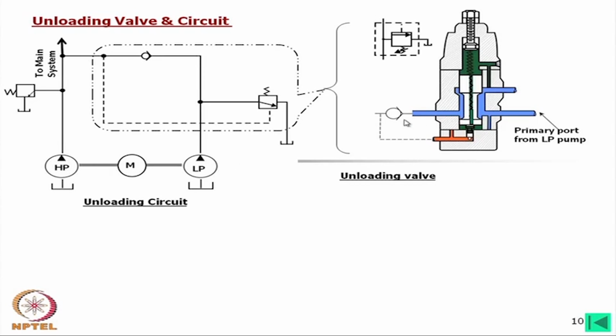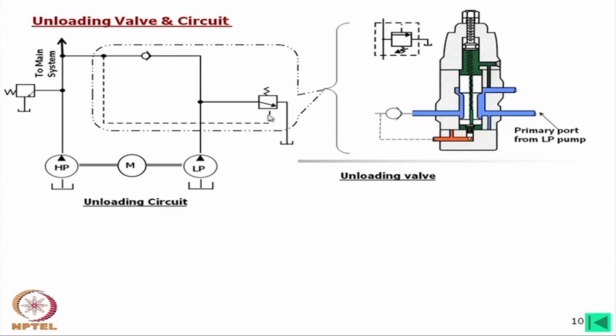Now, how is it working? You have to compare this with this figure. This is the check valve and this is the connection to operate it. This is the pilot connection. This primary port from the LP pump is connected to here. Ordinarily, when this is a high pressure, this is blocked, no oil is coming to this side, and it is only remotely controlling this valve.